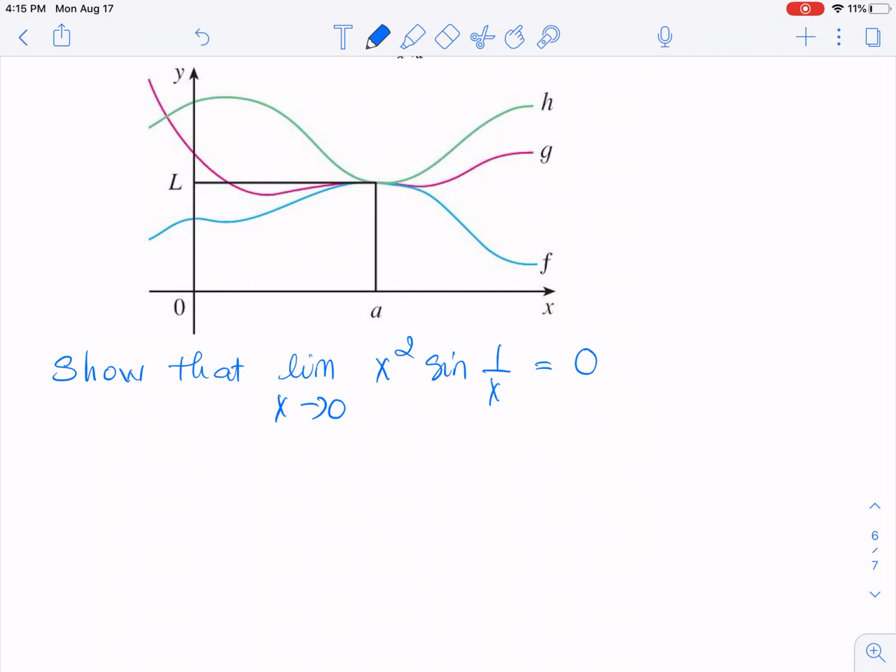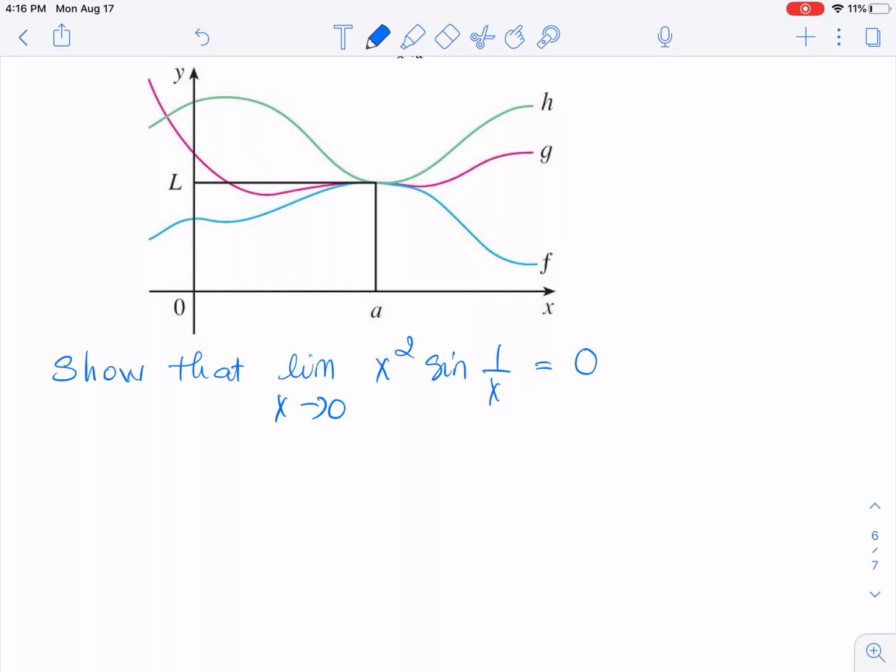Because we don't have the limit for sine of 1 over x as x approaches 0. So we don't have that limit. Do not use the limit law for this.